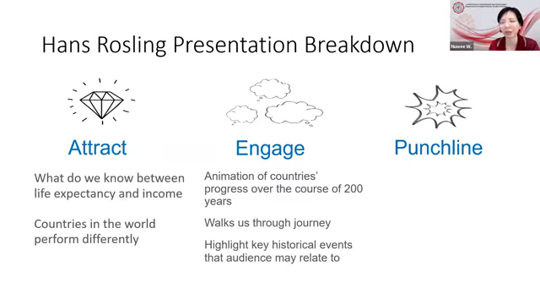Hans Rosling, who passed away about 5 years ago. A breakdown of the presentation: what does he attract? He hooks us with what we need to know about life expectancy and income, and then he performs, using all the countries, the relationship between these two features, and immediately draws us in by pointing out that countries perform differently, which makes us curious about what happens then.